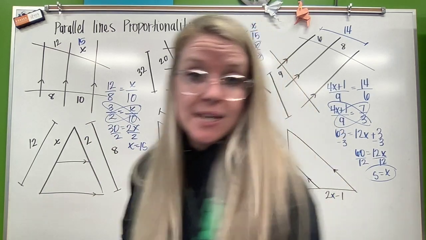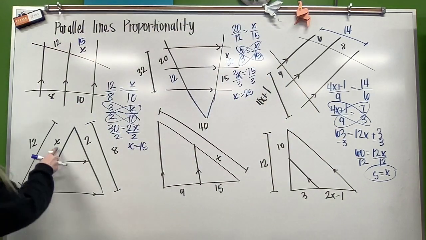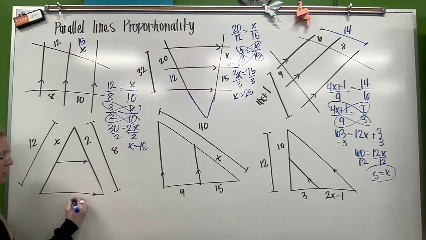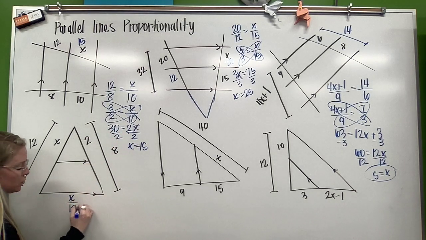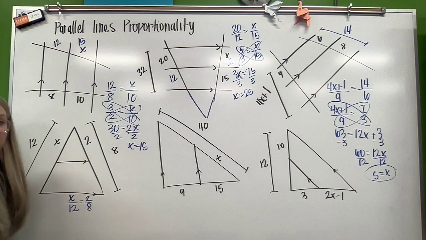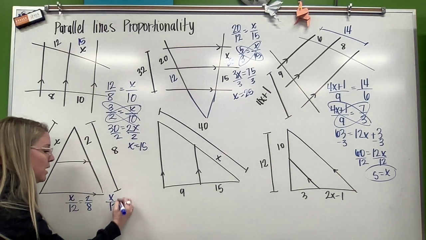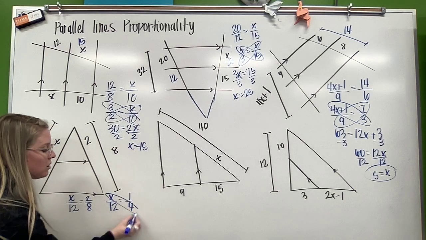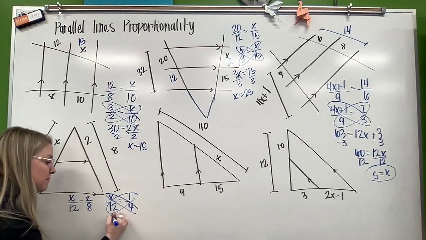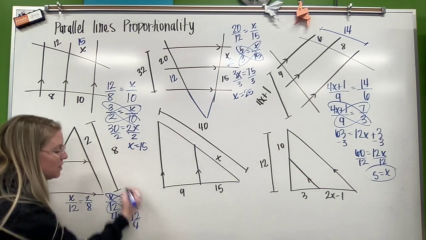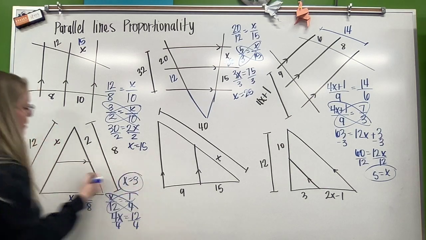So we can go ahead and set up those ratios. So here I have a side to the total, side to total. So that's going to be x over 12 equals 2 over 8. Reduce, so x over 12 equals 1 over 4. Cross multiply, 4x equals 12. Divide by 4, and I'm going to get x equals 3.